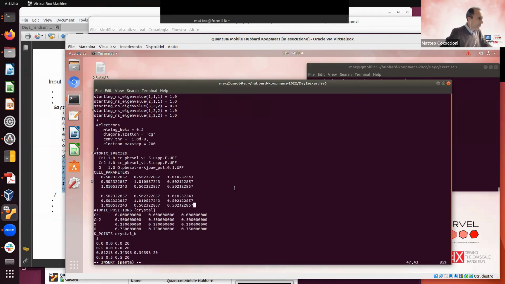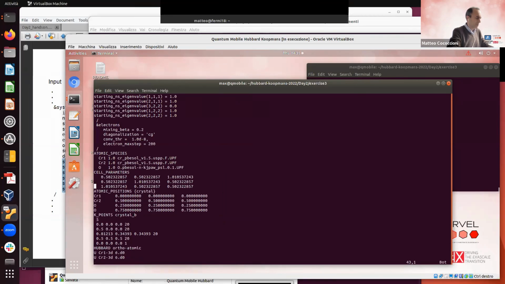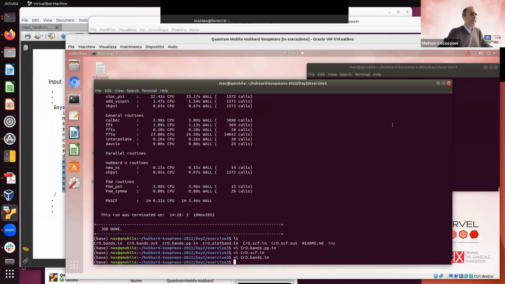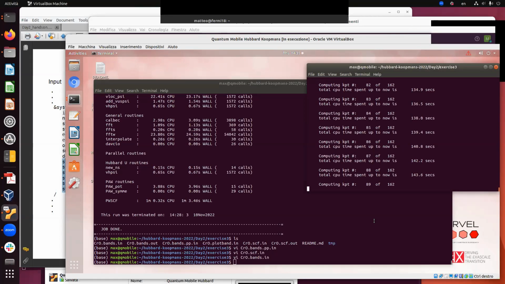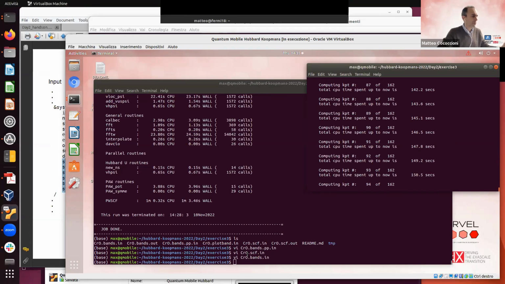No, they look the same. Okay. So there is one question about cell parameters. Yeah, I just checked them. Between SCF and bands, they look the same. Maybe it was referring to something else.